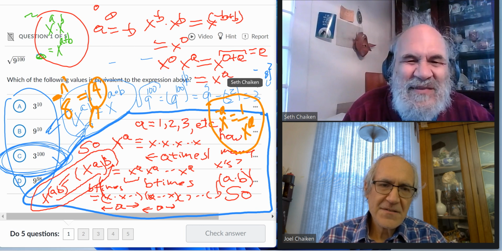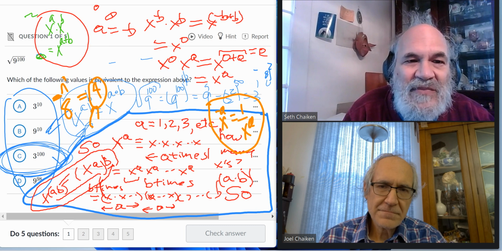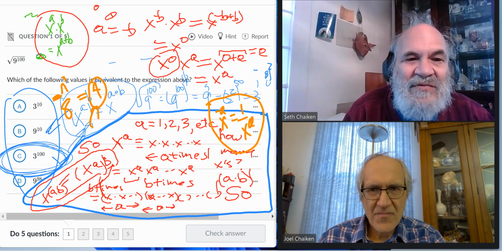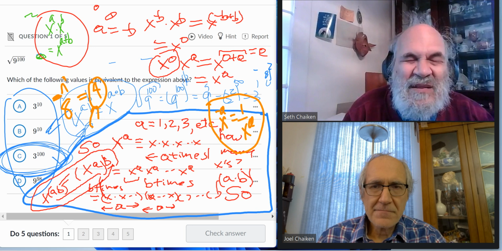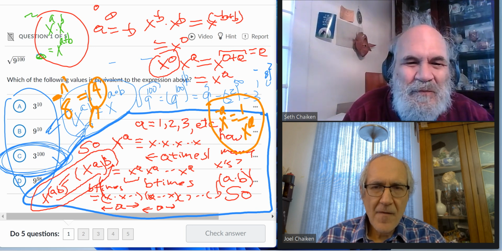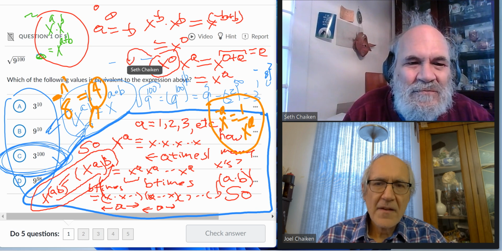Which makes sense. And the number has the property that whenever you multiply it by another number, you get the other number back. That's called the multiplicative identity. This forces x to the 0 to be 1.